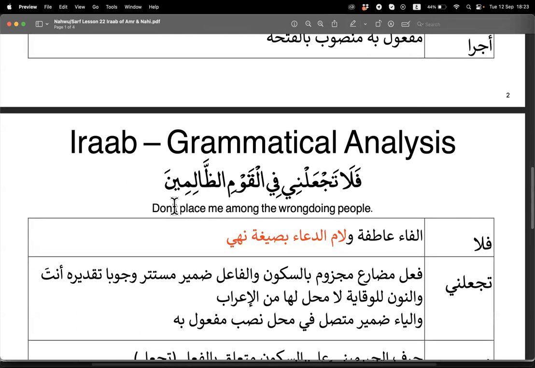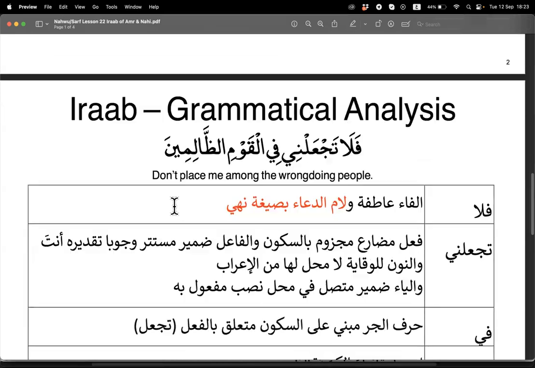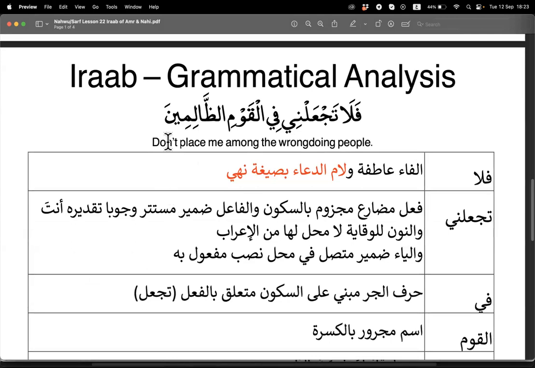Majrur kasrah. Niabatan anil kasrah li'annahu jama' muzakkar salim. Good. And then of course the whole thing, fil qaumil zalimin, is muta'alliq bil fi'il. Yes, taj'alni. Exactly.